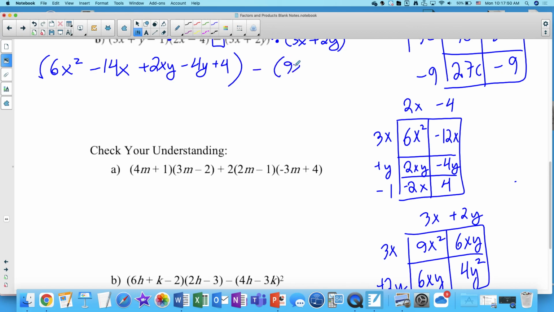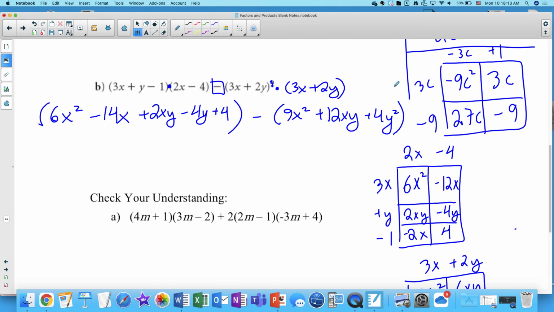Okay, now this is really important, and it's a big distinction compared to the last one that we did. We are subtracting polynomials here. We're not adding them. So this subtraction applies to everything inside this second bracket. It applies to the entire polynomial. So take the extra step of distributing this subtraction into all of these terms.